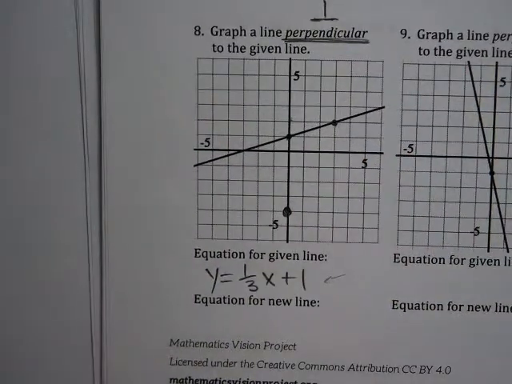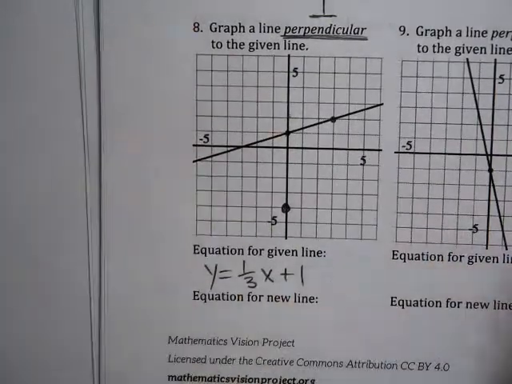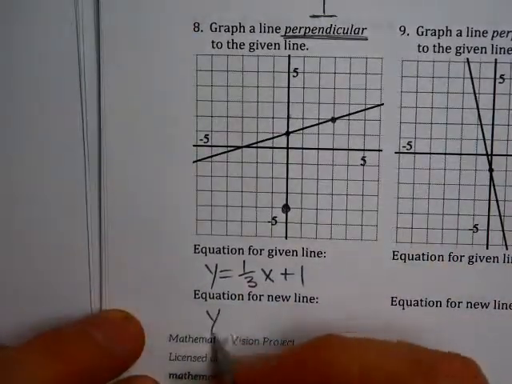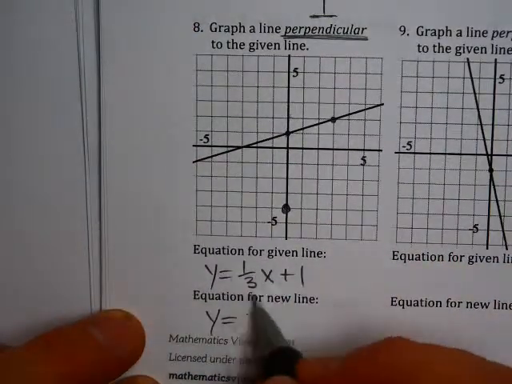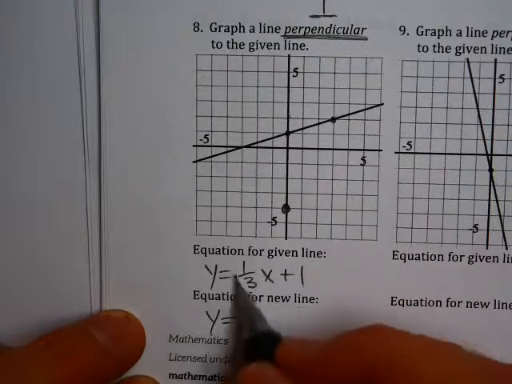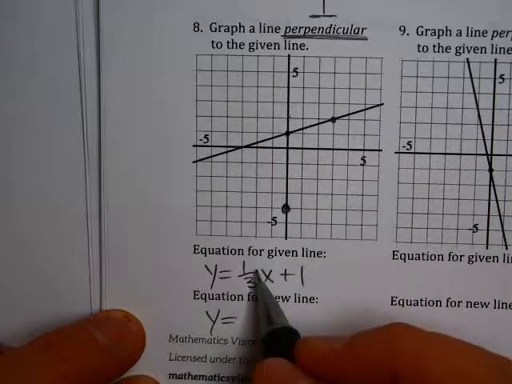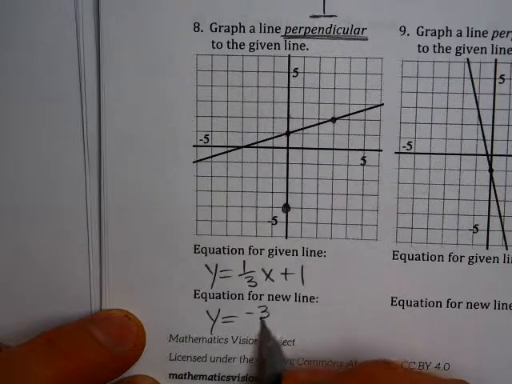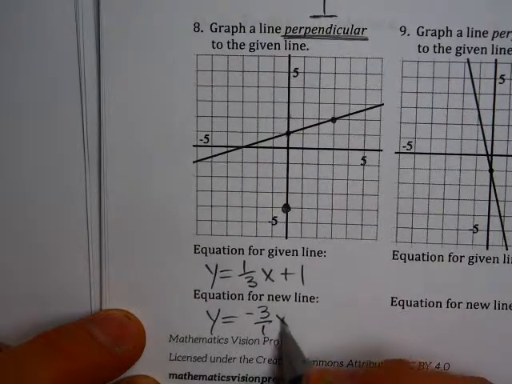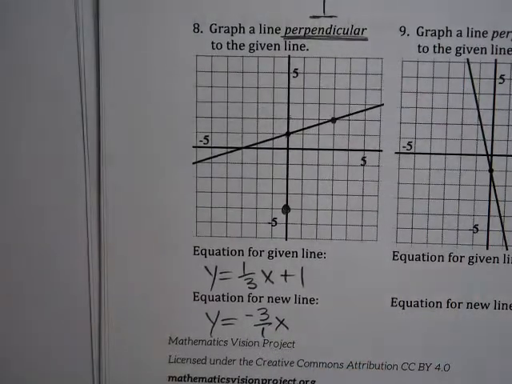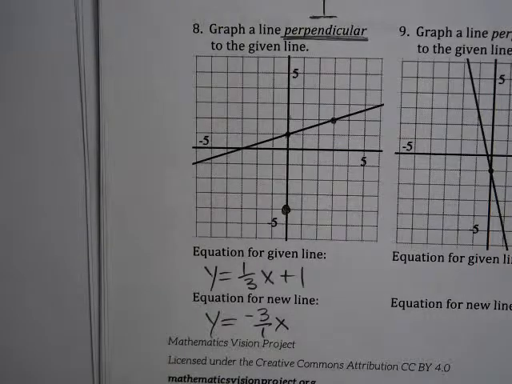So my equation, before I even graph it, is going to look like this. Y equals, I flip this fraction and make it opposite, so it's going to be negative. And you could just call that -3 if you want. That's totally cool. In fact, that's a little bit more basic there. -3 is fine. And I said that -4 was going to be my y-intercept, so I'll write the -4.